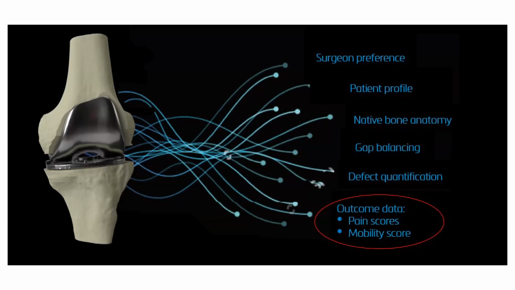Let's talk about why robotic surgery has an edge over the traditional method of surgery. In case of robotic surgery, the machine learning algorithm will check the patient profile, check the details of bone anatomy, check the gap, and predict what possible measures can be taken to ensure lower pain and a more stable surgery done by the robot with little manual interference.